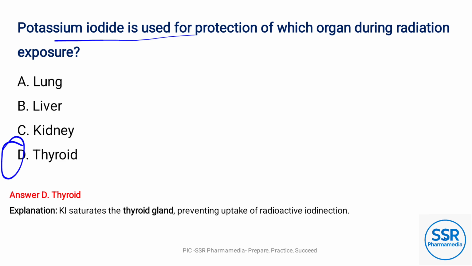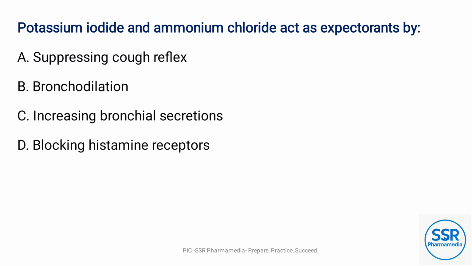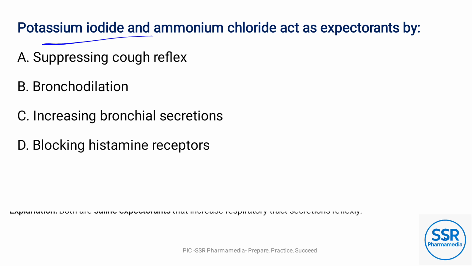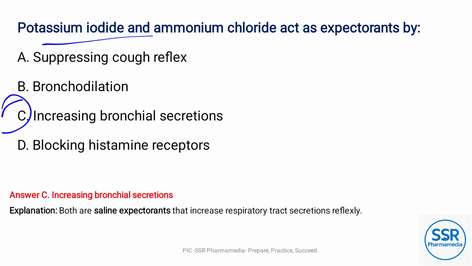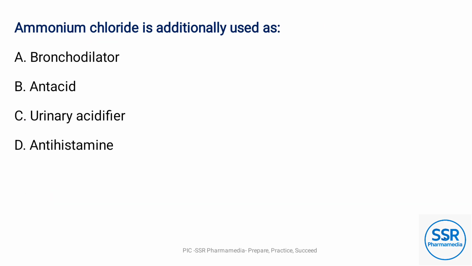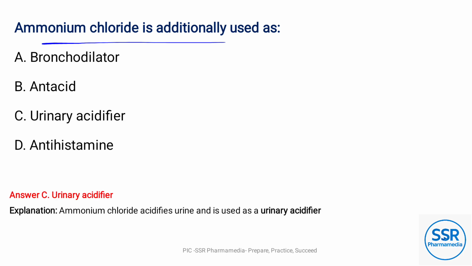Option D, thyroid. Potassium iodide saturates the thyroid gland, preventing uptake of radioactive iodine. Potassium iodide and ammonium chloride act as expectorants by option C, increasing bronchial secretions. Ammonium chloride is additionally used as option C, urinary acidifier.